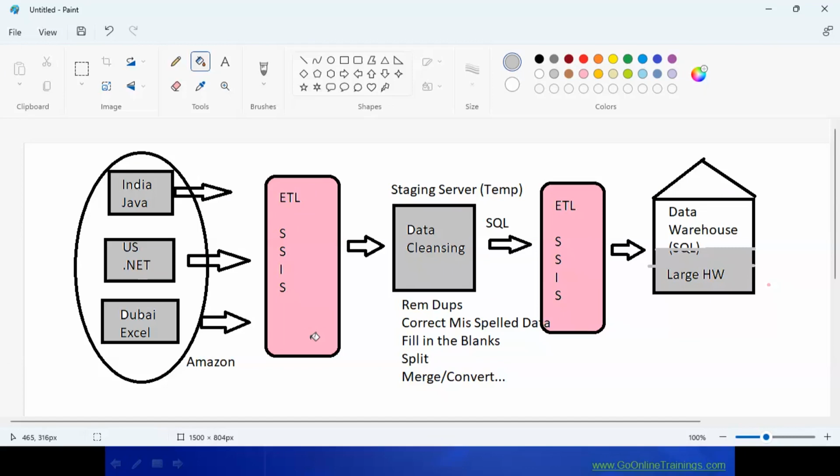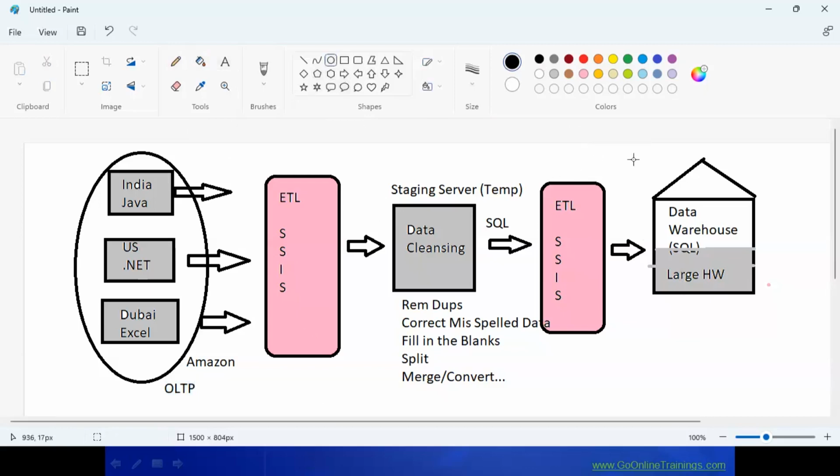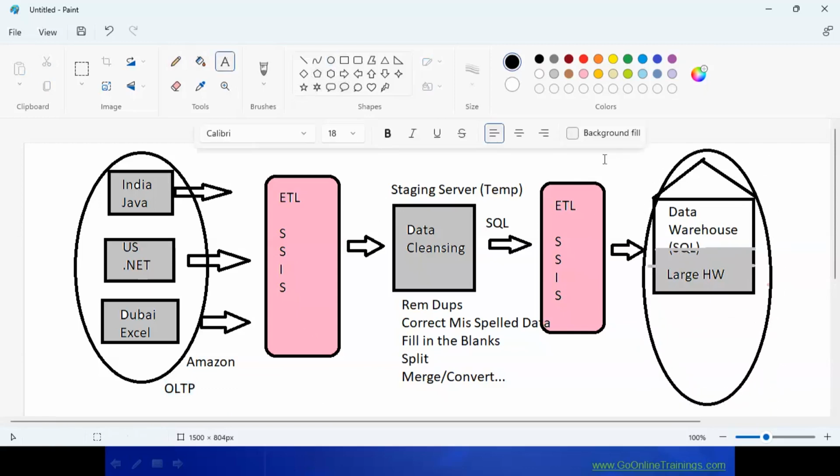Clear? So in this case, the source systems are called OLTP systems, or OLTP environment, or OLTP servers, and this kind of environment is also one more environment, right? This kind of environment is called OLAP environment, OLAP systems.